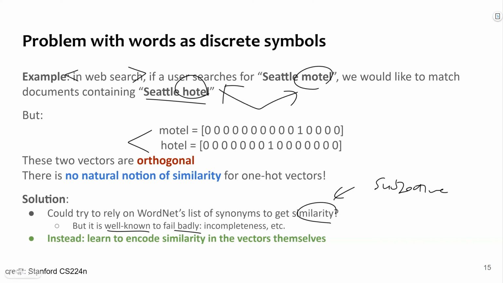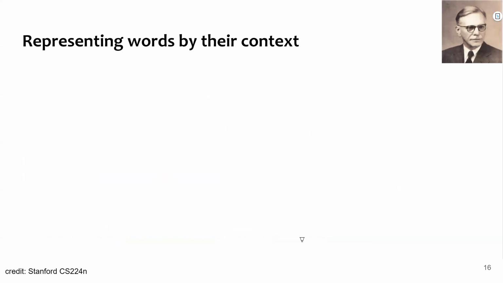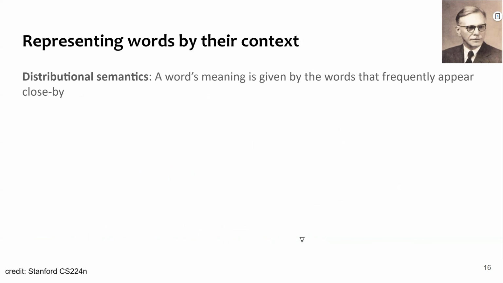Instead, we could learn to encode similarity in the vectors themselves in an automatic way. And how can you do that? What we are going to do is represent words by their context. This is sometimes called distributional semantics. A word's meaning is given by the words that frequently appear close by.